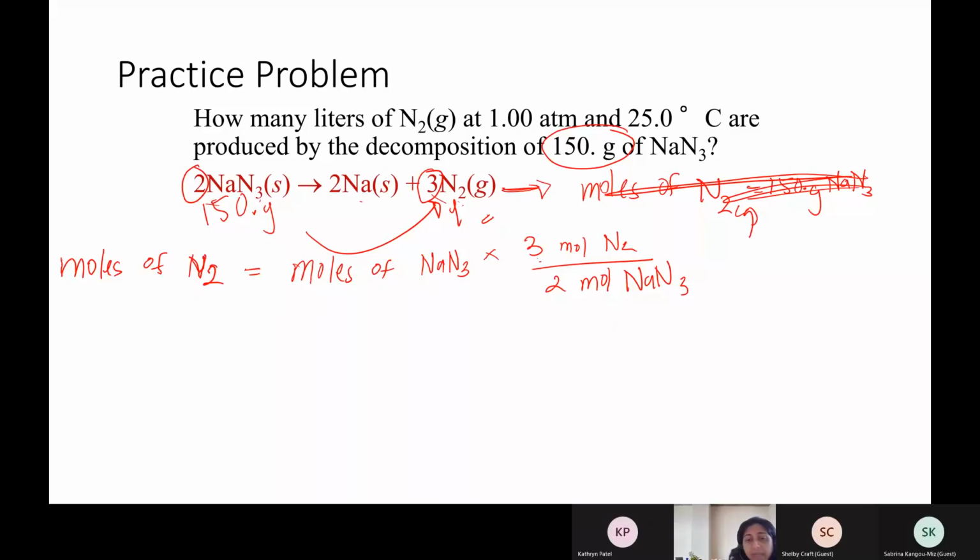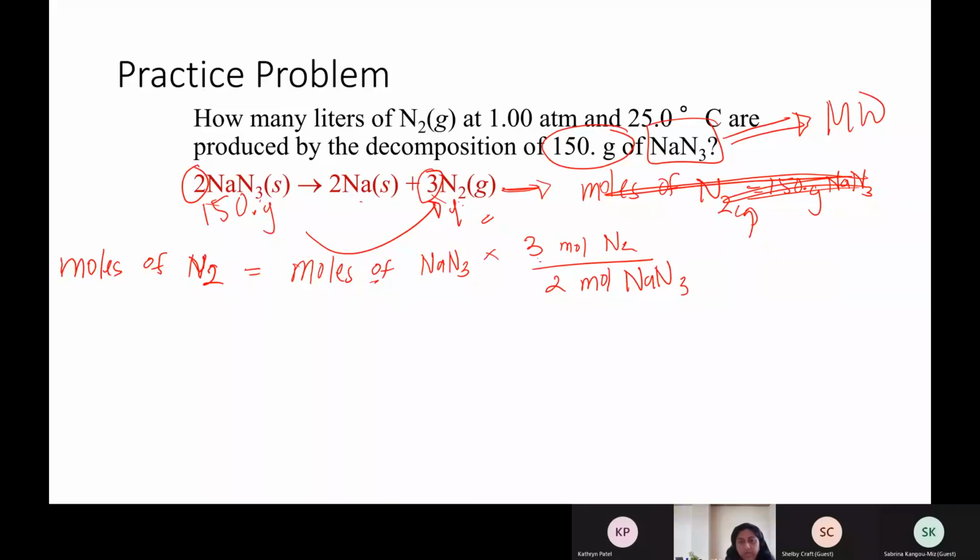Right. Now we need to find the moles of NaN3. We are given the mass, but we need the molar mass of this. Okay, molecular weight of that. Can somebody find the molecular weight of sodium nitride? Sodium is 23.